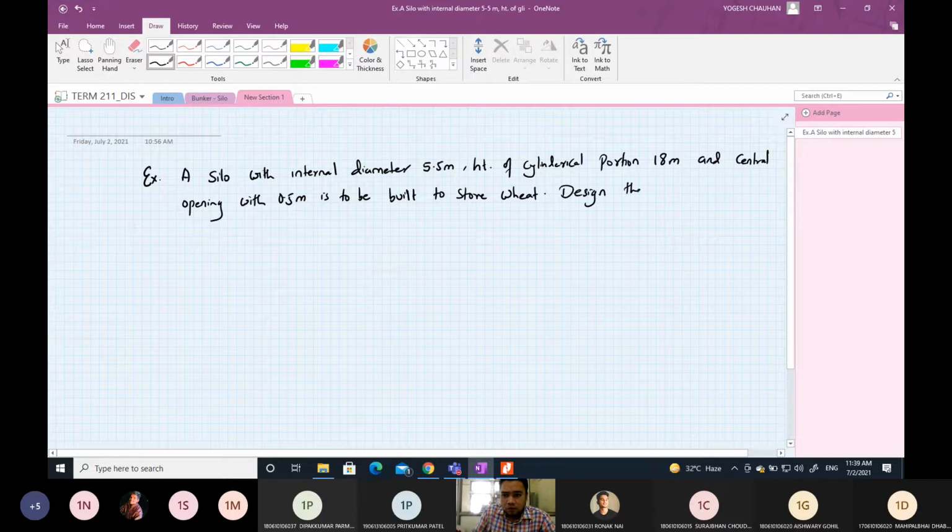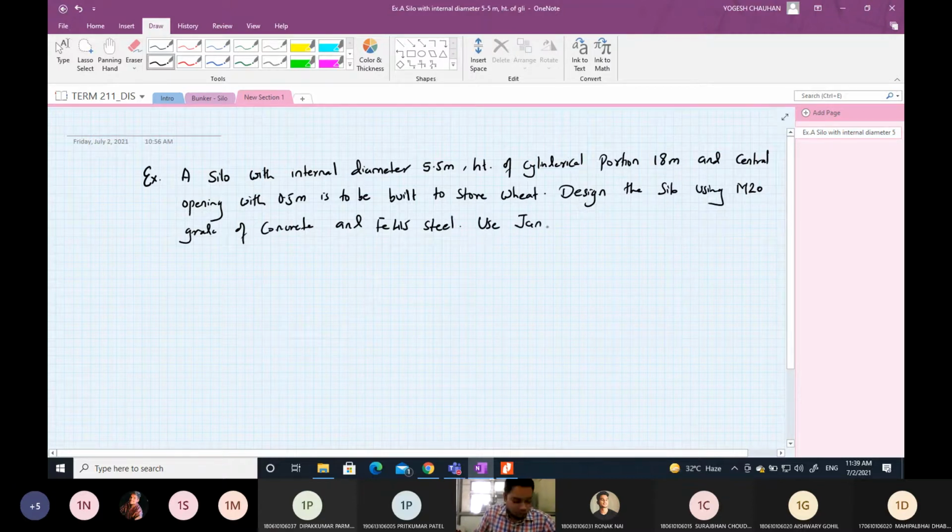Design the silo using M20 grade of concrete and Fe415 steel. Use Jensen's theory for pressure calculation.